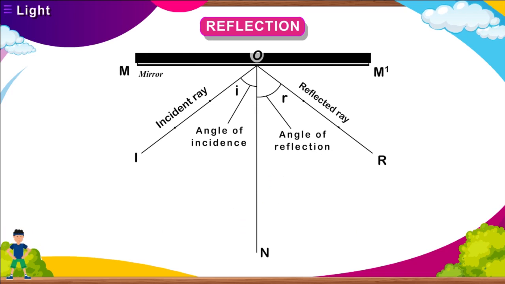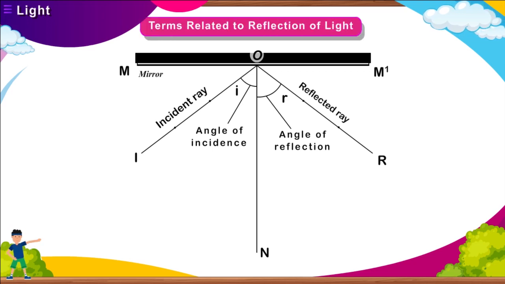In the figure given in Activity 1, ON is the normal, IO is the incident ray, RO is the reflected ray. Angle ION is the angle of incidence and angle RON is the angle of reflection. Let us understand the process of reflection through Activity 1.